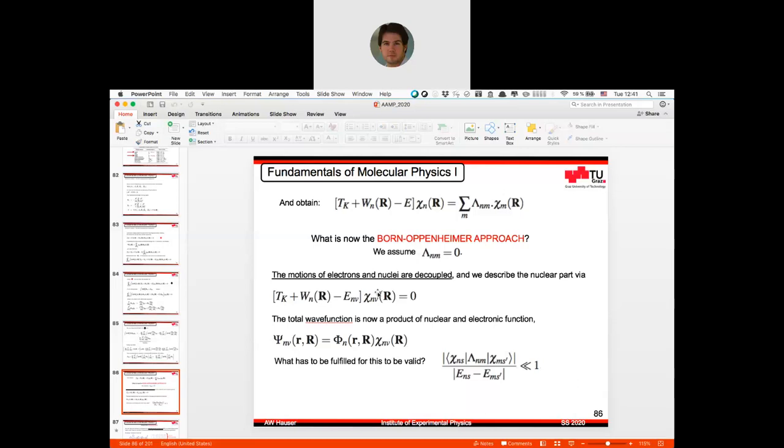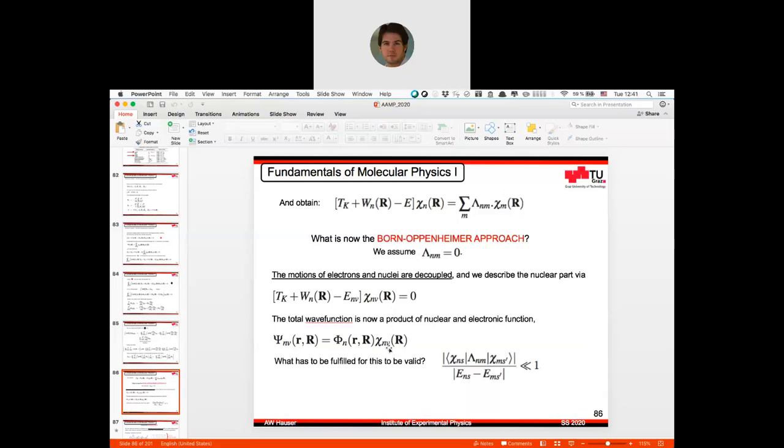So in this Born-Oppenheimer approximation, our total wave function is now a simple product of the corresponding electronic wave function, phi n, times a nuclear wave function in this potential. And of course, since we have to solve an eigenvalue equation here, there are several vibrational states in this potential energy surface, which are indicated by this second quantum number nu.